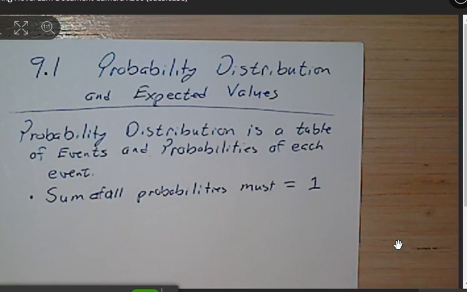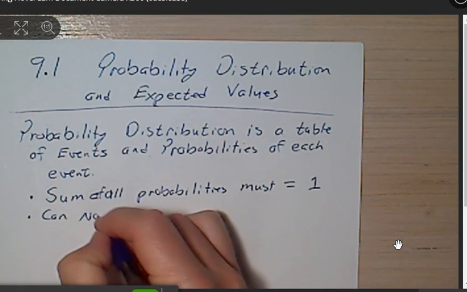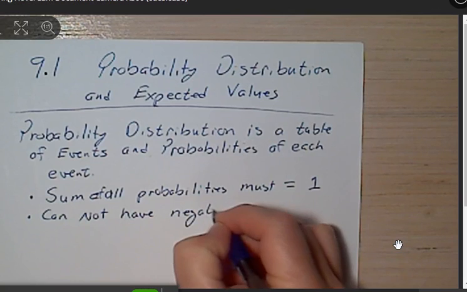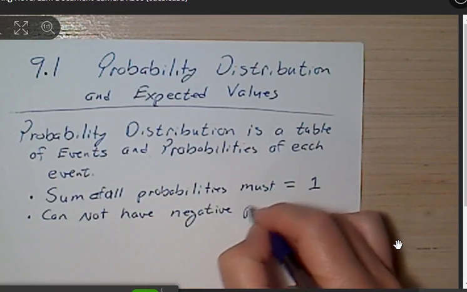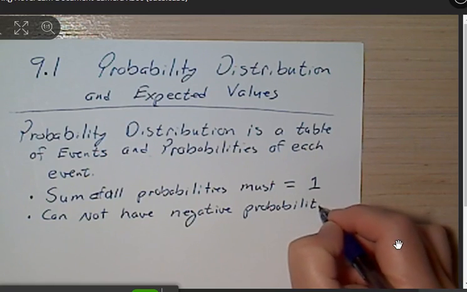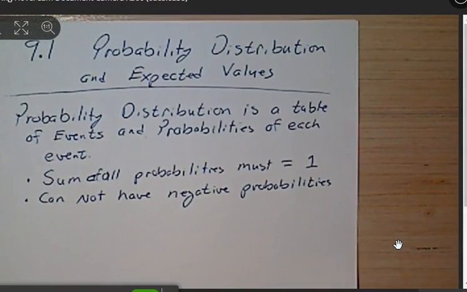So when you find the sum of all the probabilities of this table, it's got to add up to 1. You cannot have any negative probabilities, because that just doesn't make any sense. It's a less than 0% chance of something happening, so you won't have that.